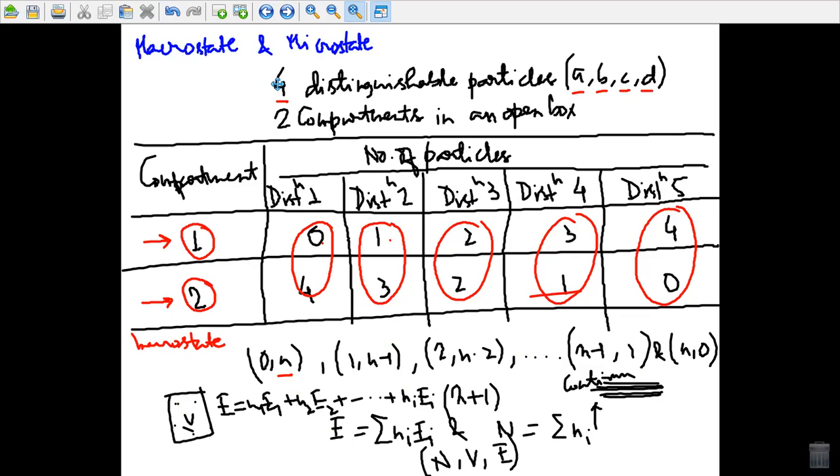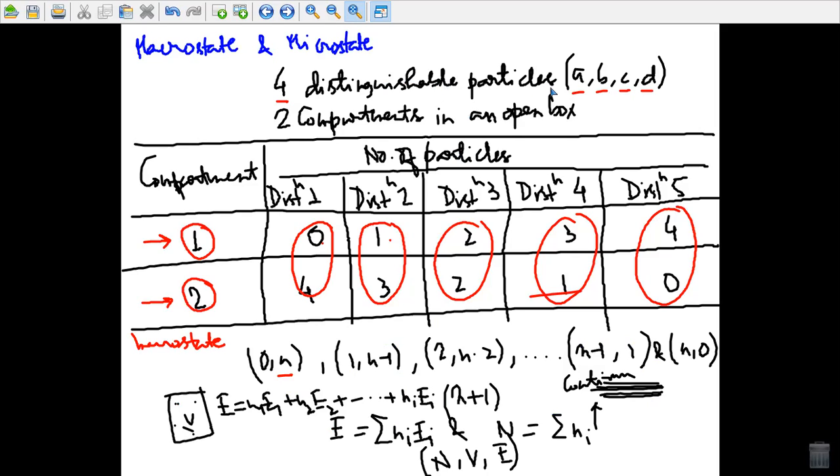So to start with macrostate, consider four distinguishable particles. I would discuss this simple example to clarify the macrostate concept. Considering four distinguishable particles, we wish to distribute them into two exactly similar compartments in an open box.